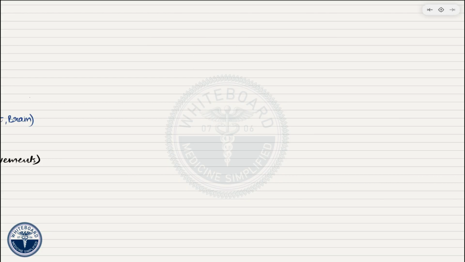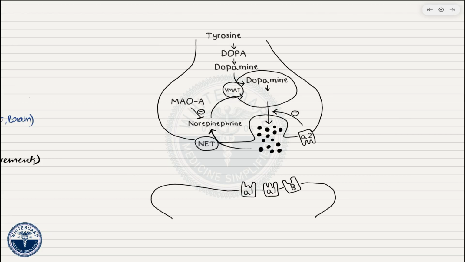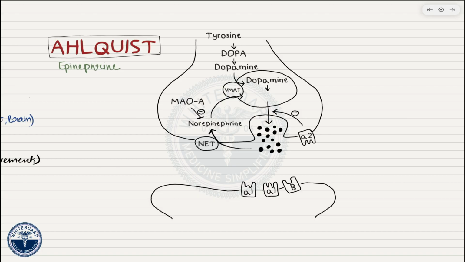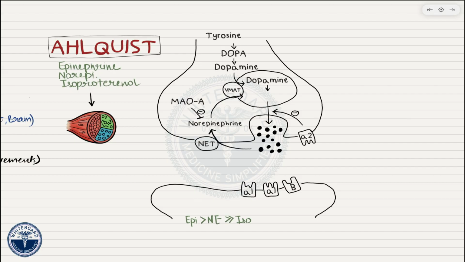The classification of adrenergic receptors into alpha and beta receptors comes from the classic experiments performed by Ahlquist. He administered 3 adrenergic agonists, epinephrine, norepinephrine, and isoproterenol, which is a synthetic adrenergic agonist, to different tissues and observed how strongly each agonist stimulated them. He found that some receptors responded most strongly to epinephrine, followed by norepinephrine, and only weakly to isoproterenol.